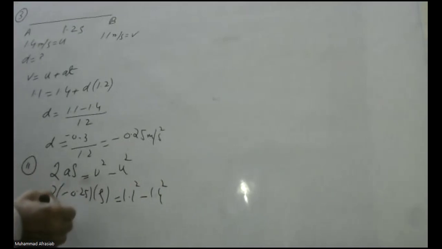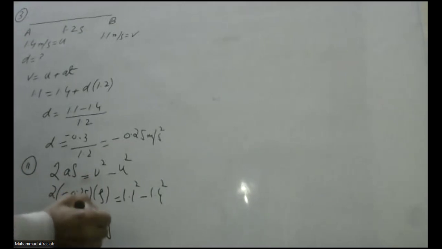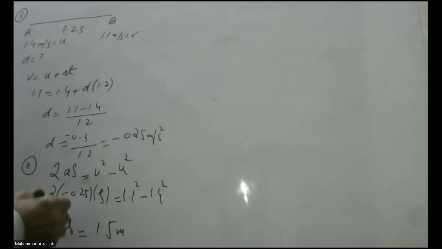So s is equal to, after doing the calculation, 1.5 meters for the distance from A to B. So we have calculated the two parts of this: first the deceleration, and then the distance from A to B.